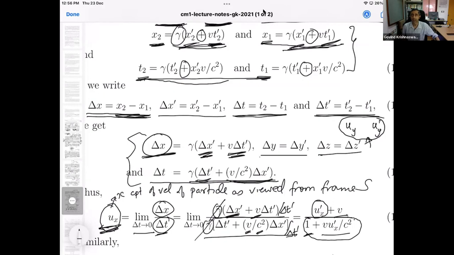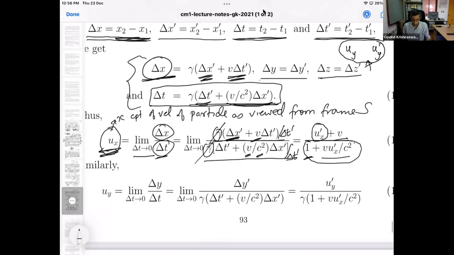Correct. Yeah, the time intervals, delta t and delta t prime, are not the same. So delta t is related to delta t prime in this formula. So even if delta y is equal to delta y prime, which is true, nevertheless, the delta t is not the same as delta t prime. So let us write the formula. Uy, it is the y component of the velocity of the particle as observed from frame S.